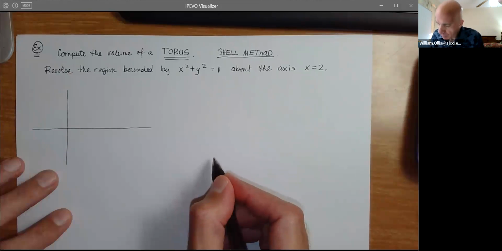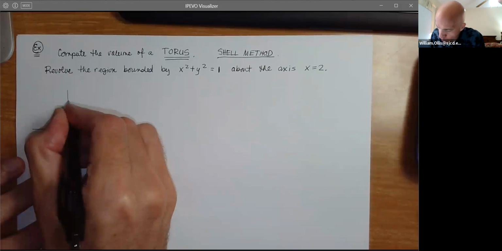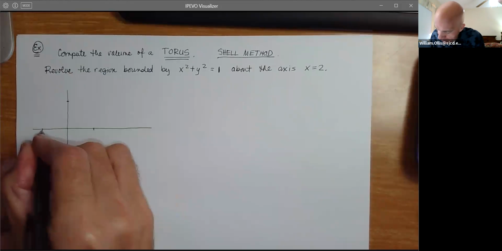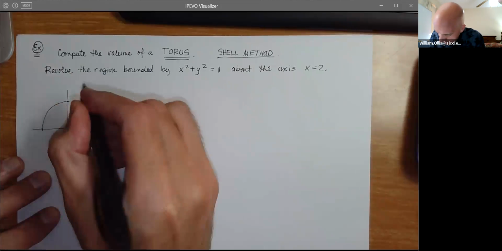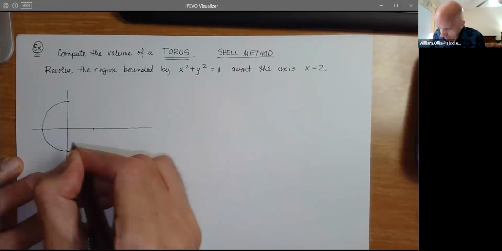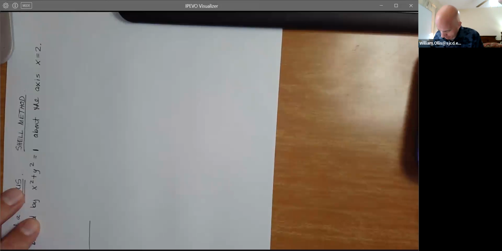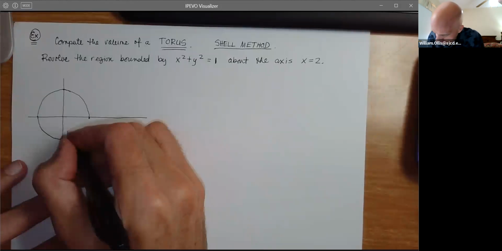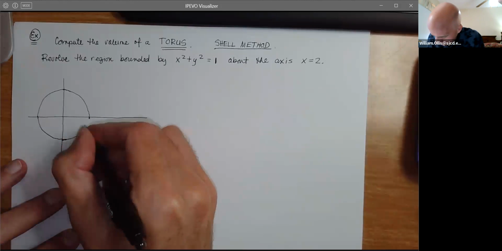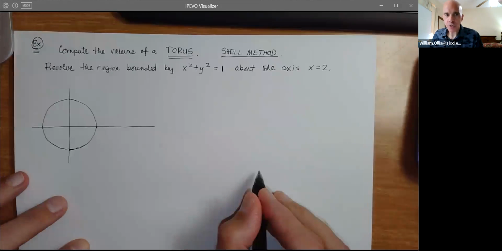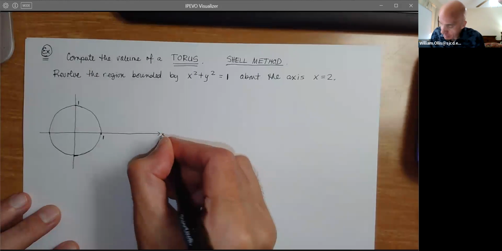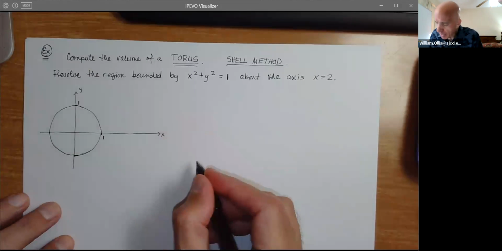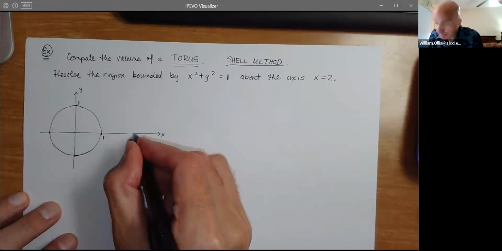So go ahead and draw your unit circle. There's our unit circle. Of course, this is 1, this is 1. Here's our x-axis and our y-axis. And now we'll draw in the vertical line, x equal 2.